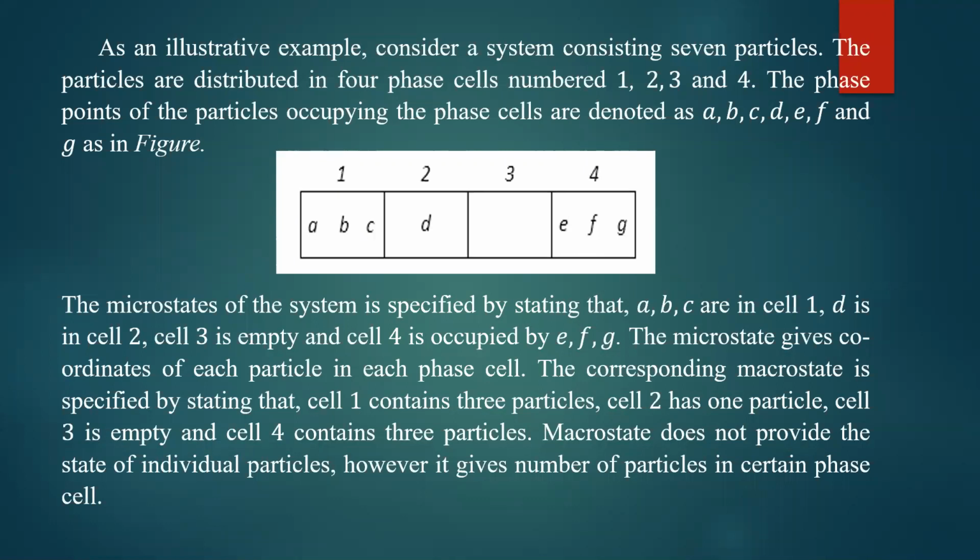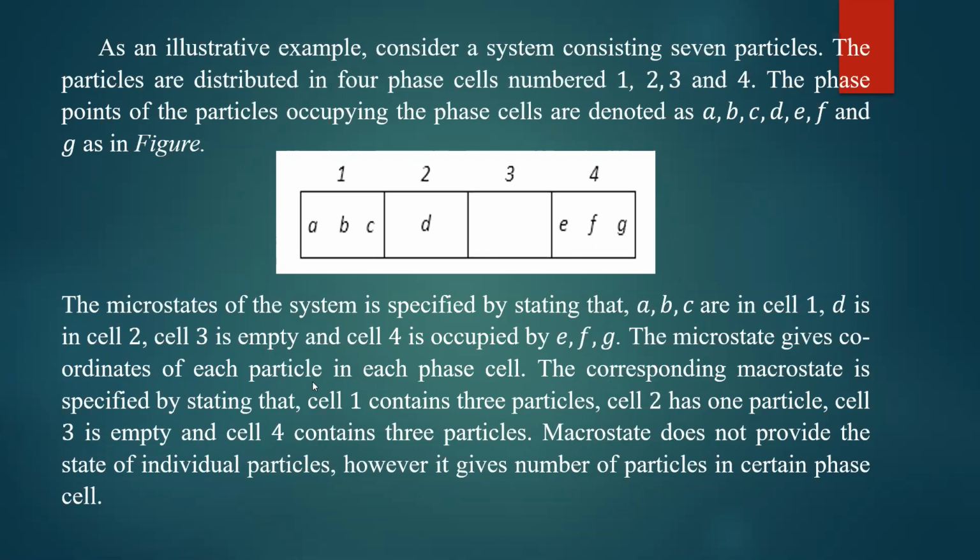This is the microstate. We should know complete information about the system of particles: which particle is in which state. So microstate gives the coordinates of each particle in each phase cell.